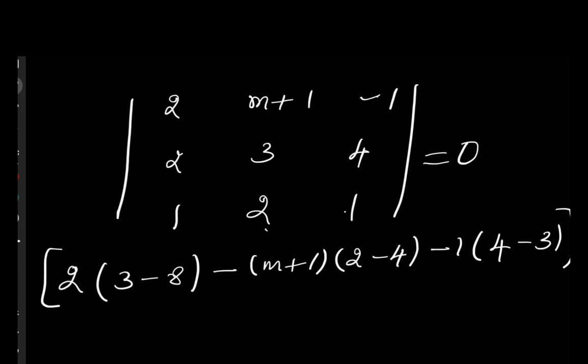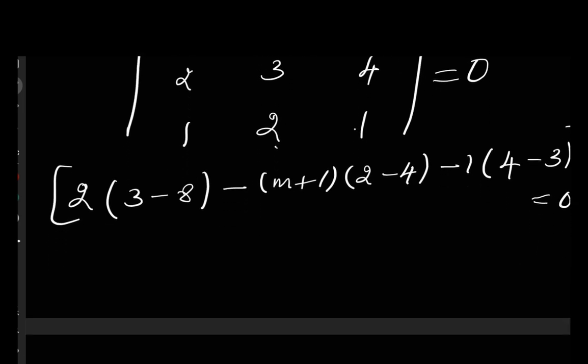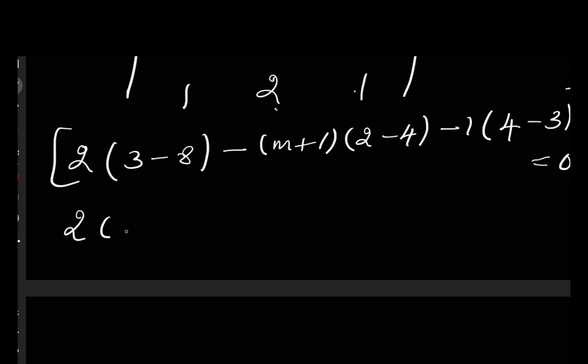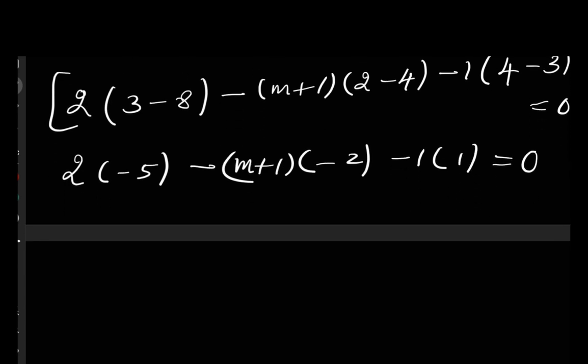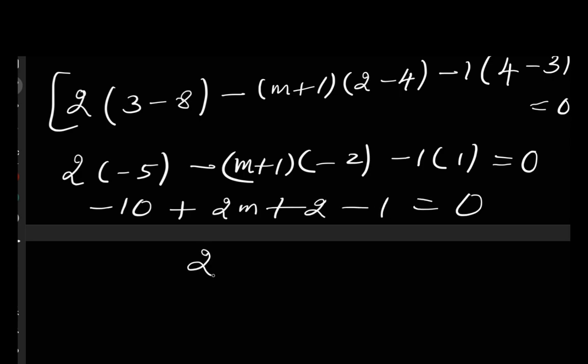This is equal to 0. So 2 into minus 5 minus (m plus 1) into minus 2 minus 1 into 1 is equal to 0. Minus 10, then minus into minus plus 2m, minus 2, minus 1, equal to 0.